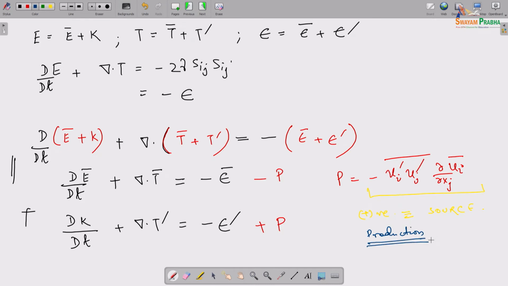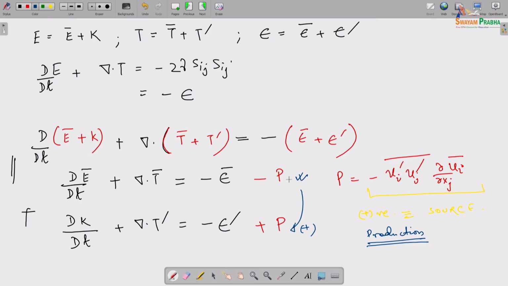Now if I see the equation here, what I'm doing is taking this production and subtracting it from this equation, and adding it to this one. Let's just call this equation A, and let's call this B. So I take the production, which is P, and subtract it from A and add it to B. The A equation is basically for the mean part of the flow, and the B part is for the fluctuating part of the flow.